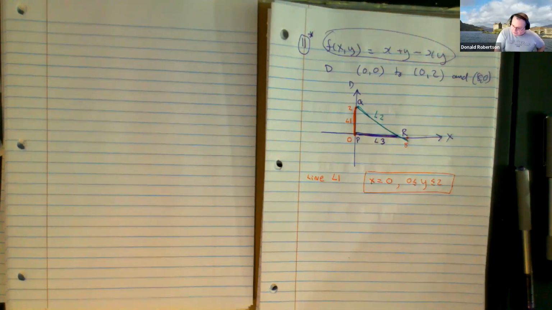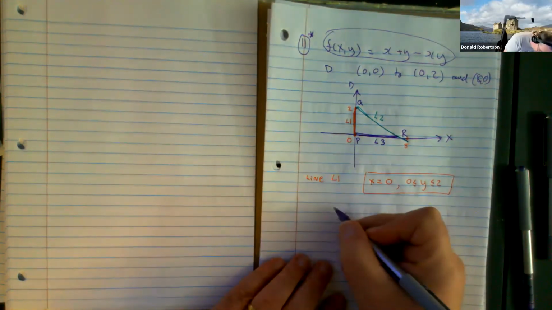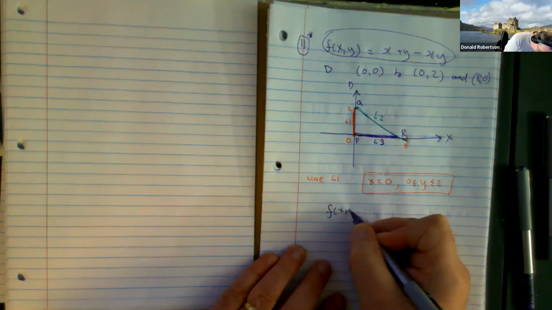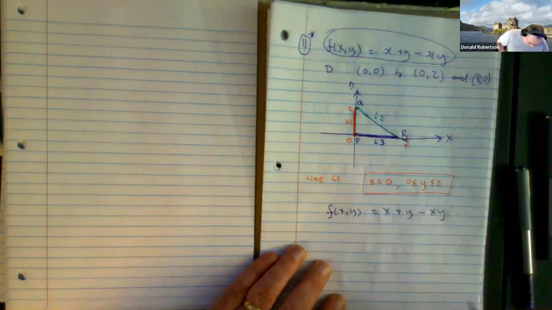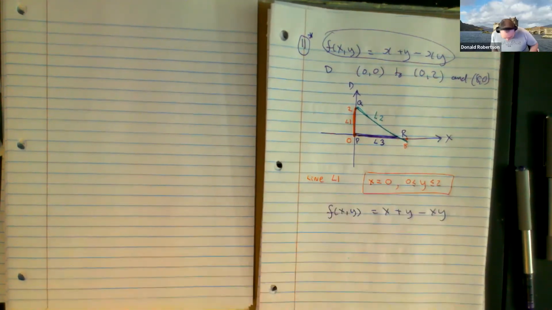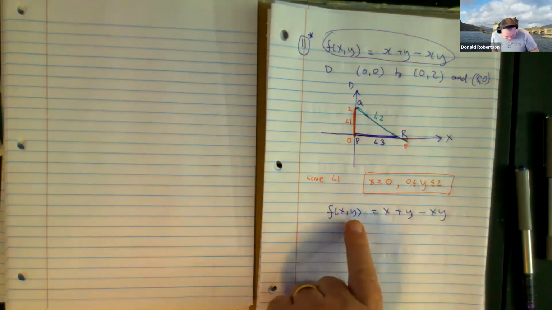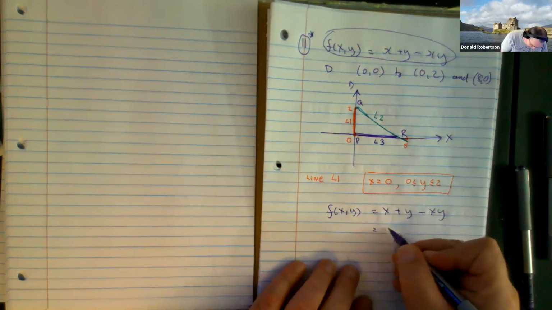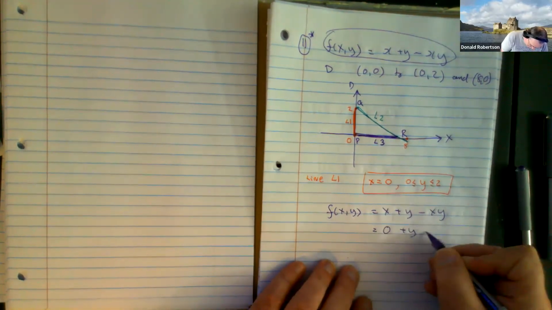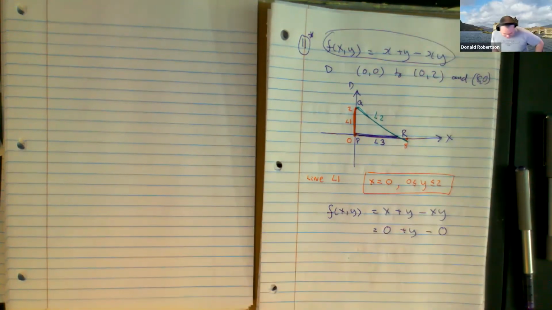So far, so good. Now what you do is you take the function that you're interested in, which is this one, and you use this information, whatever way it comes out, to change what this function looks like. Since x is always 0, would you agree that that's what you get if you replace x by 0?